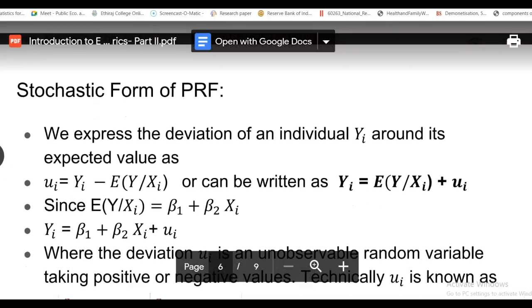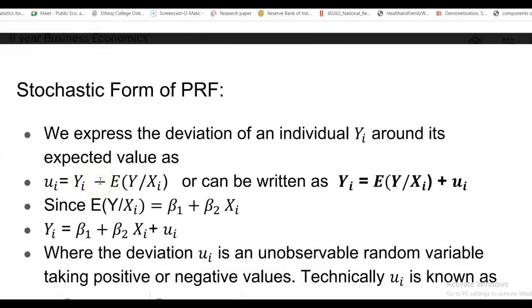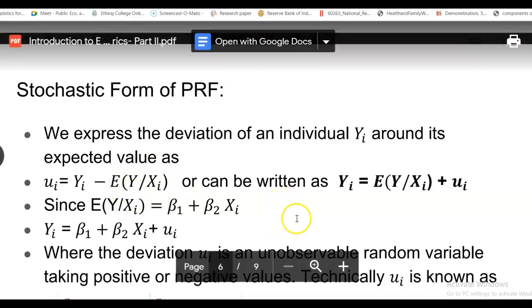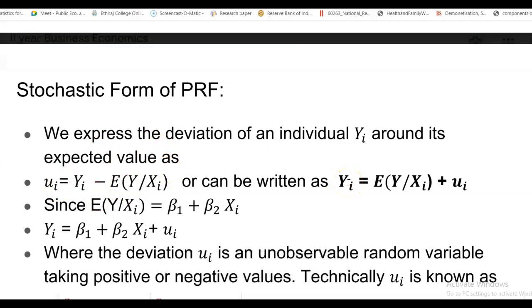So the stochastic form here is represented like this. What I told you, the actual and the expected, is the stochastic form of the PRF. This Ui term represents the stochastic disturbance term, and this Yi is the actual consumption expenditure minus E of Y given Xi, which is nothing but the average consumption expenditure. So this equation can be written as Yi is equal to the expected value of Y given Xi plus Ui, taking the expected value to the other side.